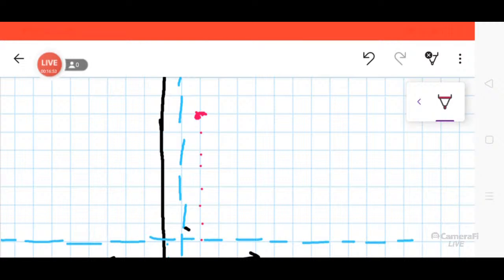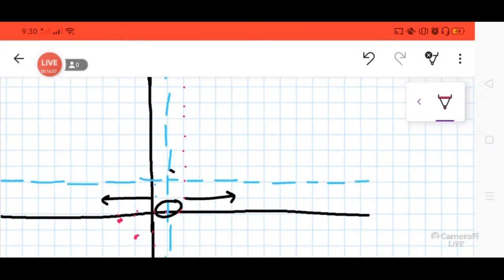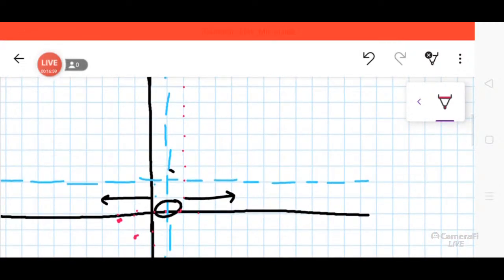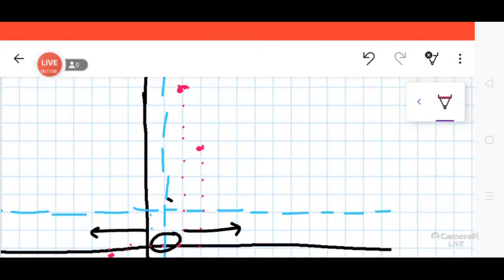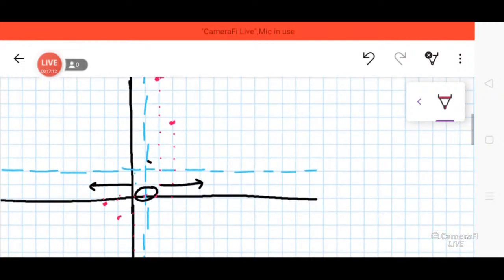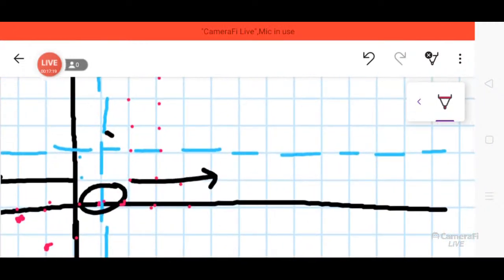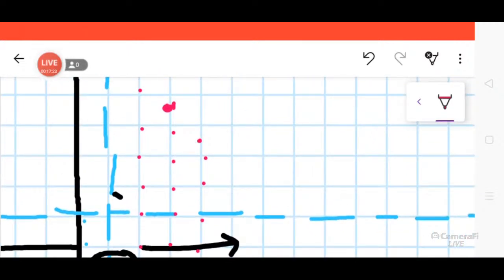Next is 3 and 5.5, so 1, 2, 3, and then 1, 2, 3, 4, 5, and 0.5. It must be here. Next is 4 and 4.33, so 1, 2, 3, 4, and then count 4.33 going up.